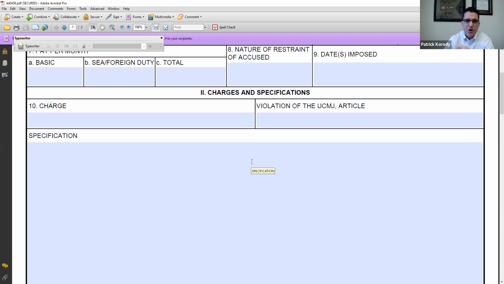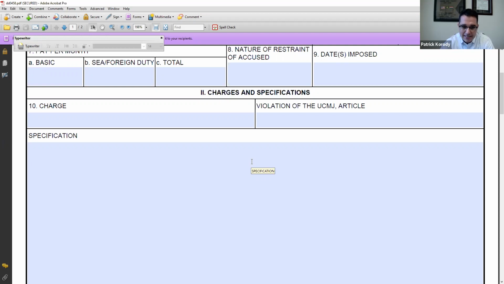Yeah. So a charge is simply the number of the UCMJ article that's violated, whether it's 92 or 112 alpha or 120. It's just the charge. So it's the section of the UCMJ that's violated. And under each UCMJ article, there could be multiple offenses.